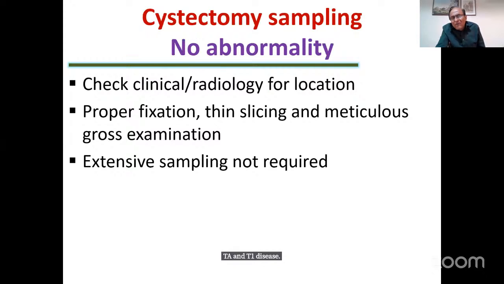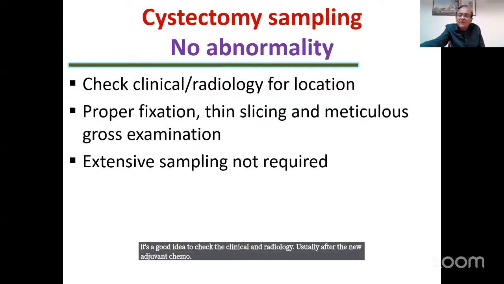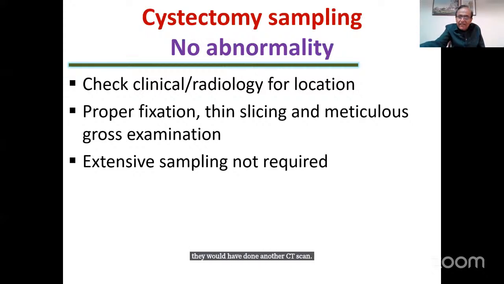If you see no abnormality at all, it's a good idea to check the clinical and radiology. Usually after the neoadjuvant chemo, they would have done another CT scan or an MRI. Check the post-neoadjuvant therapy CT scan. Did it show any residual tumor?